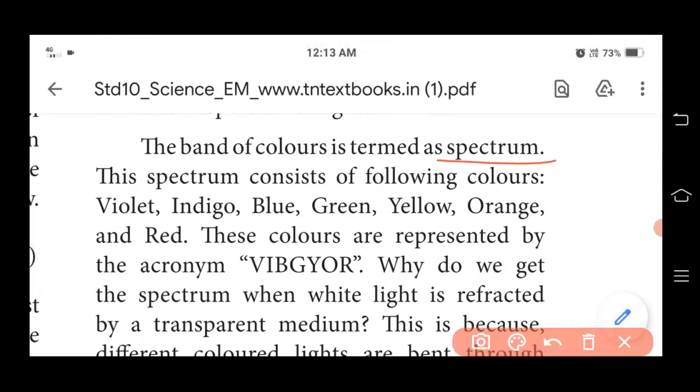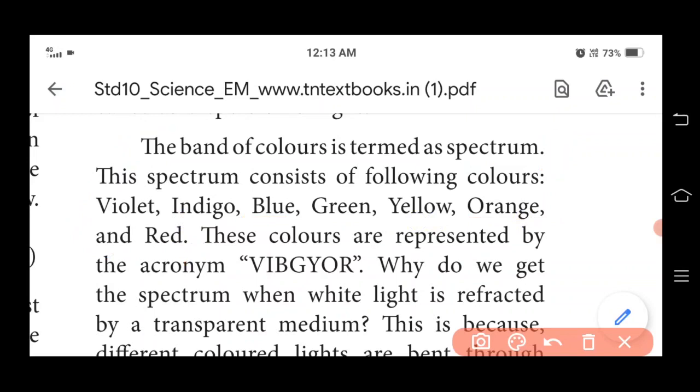The band of colors is termed as spectrum. And what are the colors that consist of the spectrum? Violet, indigo, blue, green, yellow, orange and red are the colors in the spectrum.